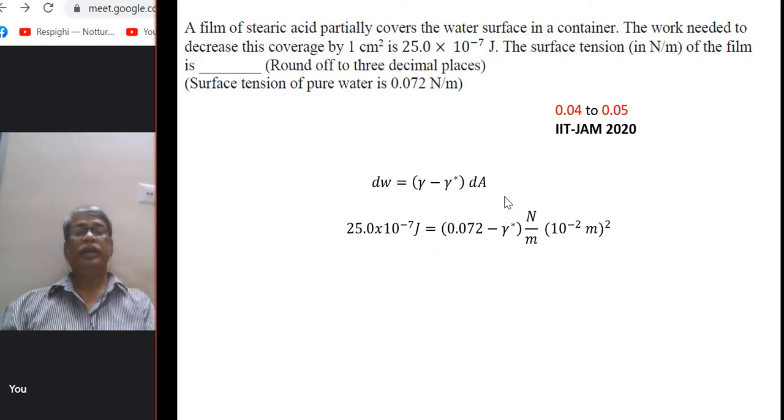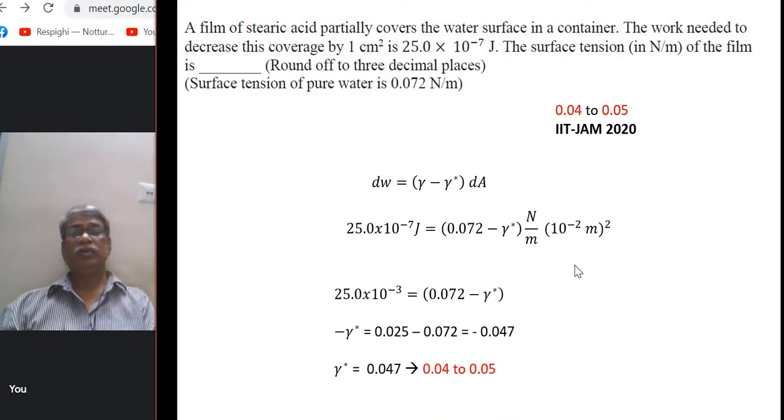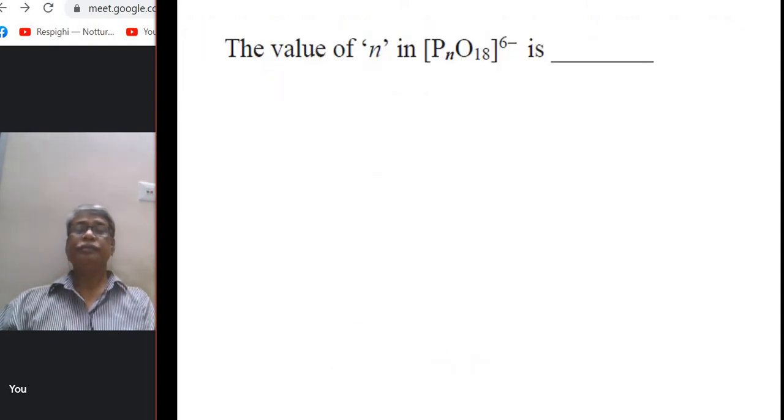But on the right-hand side, dA is given in centimeter square, so that is 10^-2 meter square. You have to be careful at this point. Then you can solve for the single unknown gamma star, and gamma star would come as 0.04 into 2, 0.05. So that is the answer.